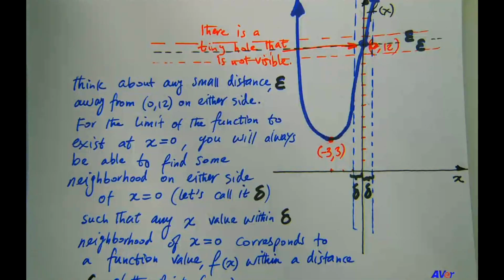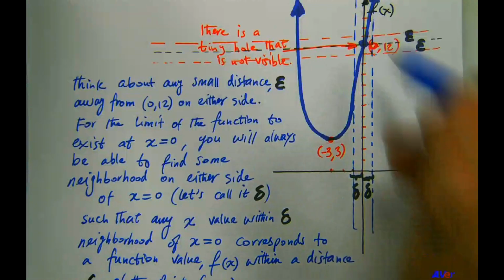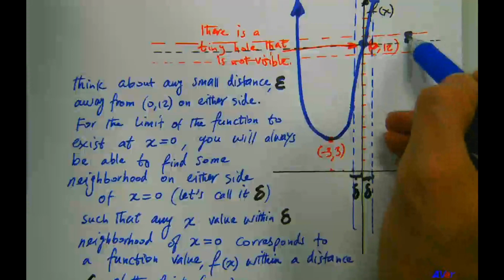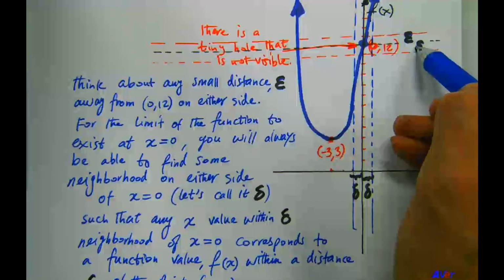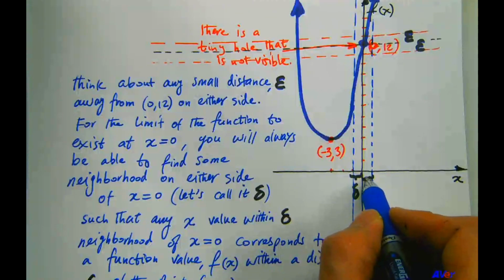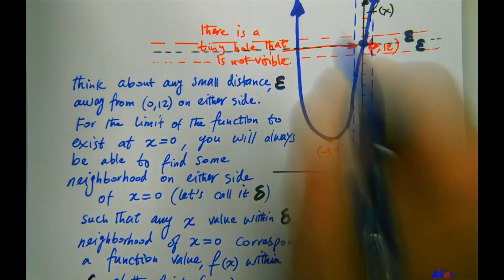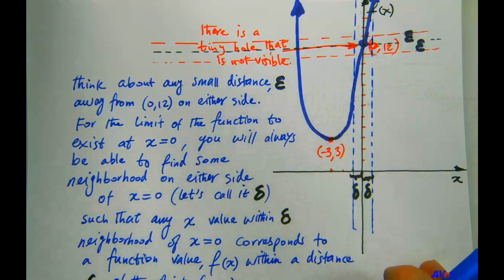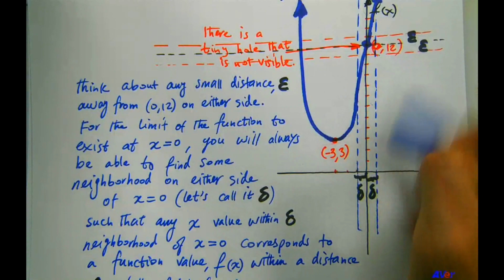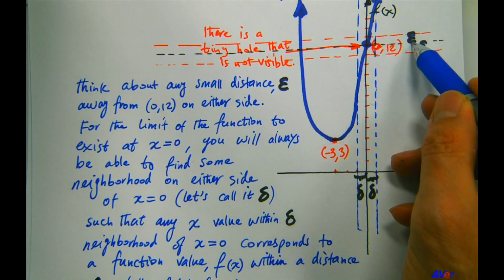But when the limit does exist, such as in this case, then for every epsilon that you pick, no matter how small, you always can find a corresponding delta within the neighborhood of that x value for which you're finding the limit. You can always find a corresponding delta for the arbitrary epsilon that you pick.